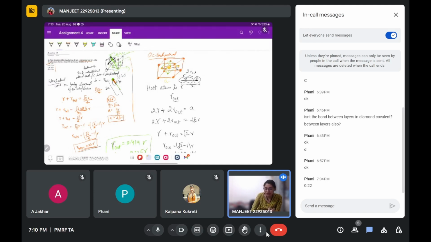You know the relation between A and R, so put this value and substitute, and you will get R tetrahedral as 0.225 R.